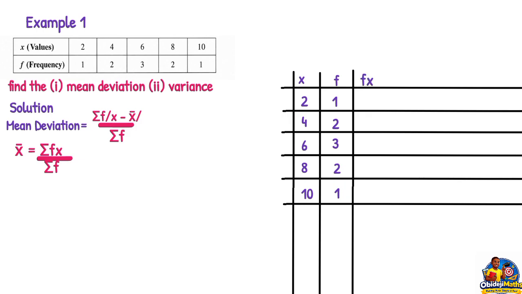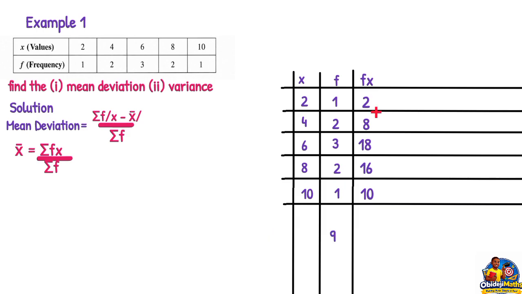To find fx, we multiply 2 by 1, which is 2, 4 by 2, which is 8, 6 by 3, which is 18, 8 by 2, which is 16, and 10 by 1, which is 10. That is fx. Then we add them together. Summation f, 1 plus 2 plus 3 plus 2 plus 1, gives us 9.